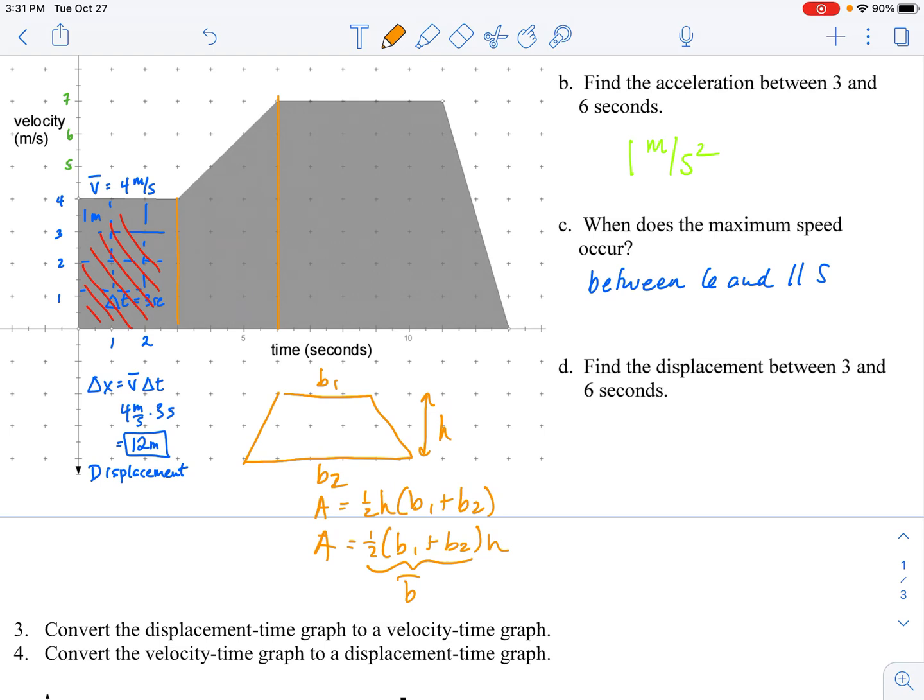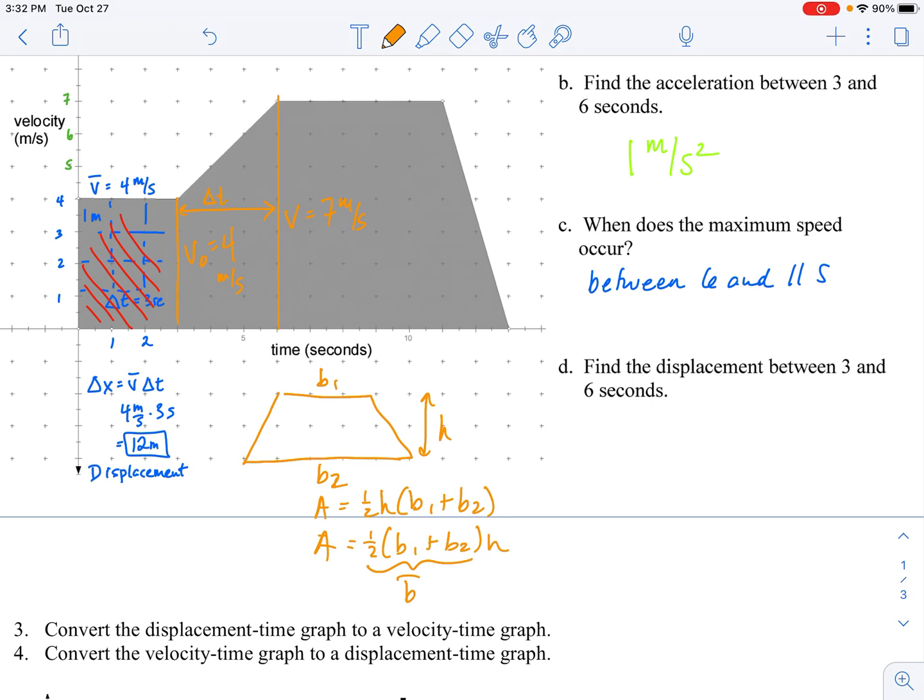In this case, the bases are the velocities. This first base is the initial velocity, and it's 4 meters per second. The second base is the final velocity, and it is 7 meters per second. And then the height of this trapezoid, because this trapezoid is sort of turned on its side, the bases are vertical.